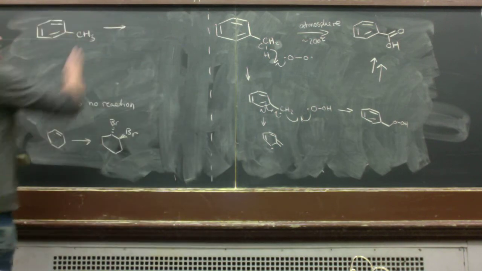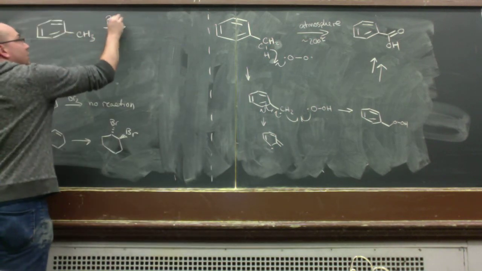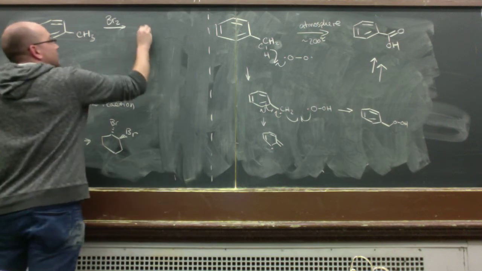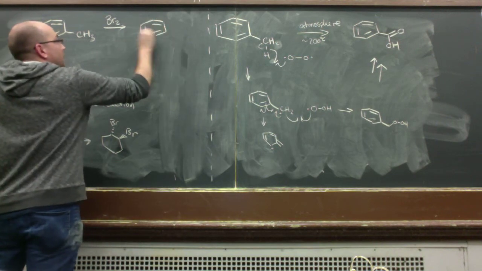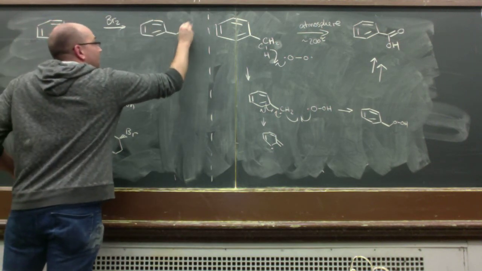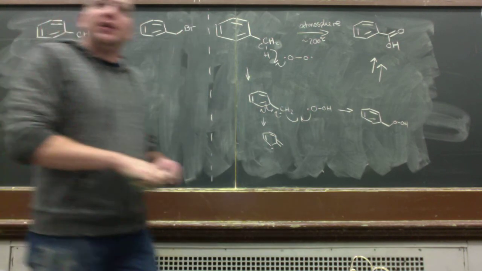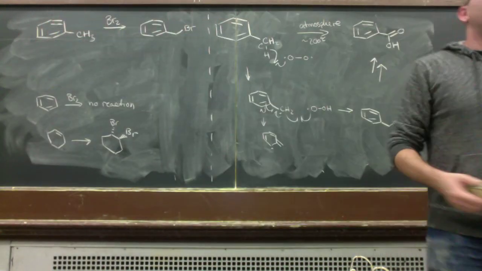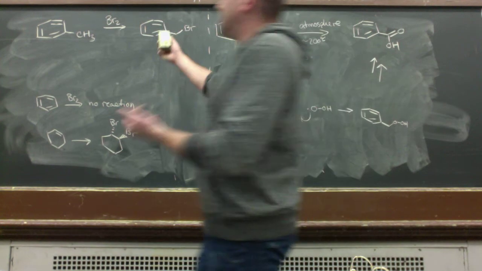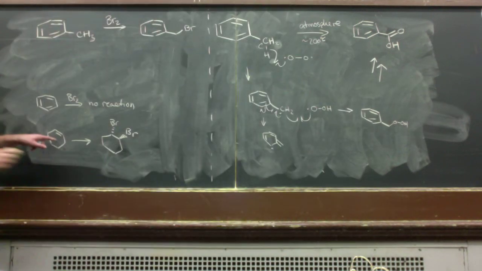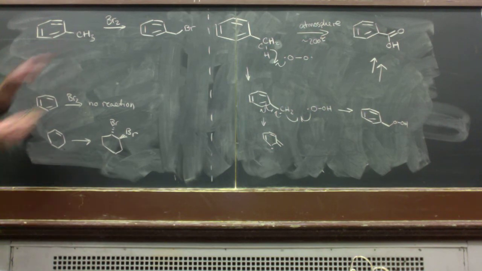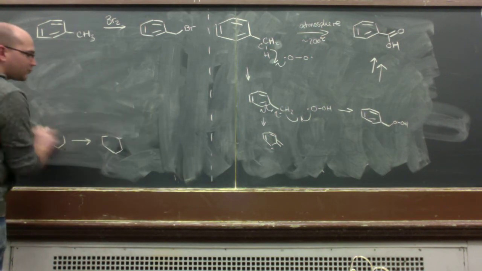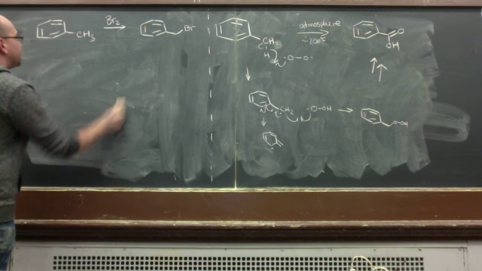Okay, when you take toluene and you react it with bromine, what you instead get is bromination at the benzyl position. And unlike this case where the alkene is existing as a nucleophile, in this case all that's happening is radical stabilization.